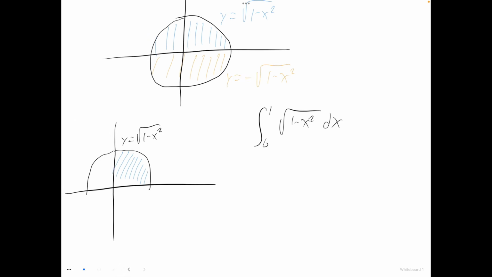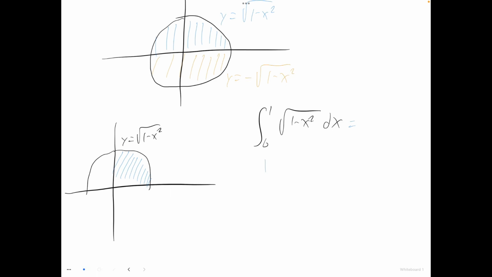So it's just this piece right here. But notice, we went through all that work to explain that this is a circle of radius 1, and we're just looking at a fourth of it. And so this integral is just 1/4 of the area of this circle.